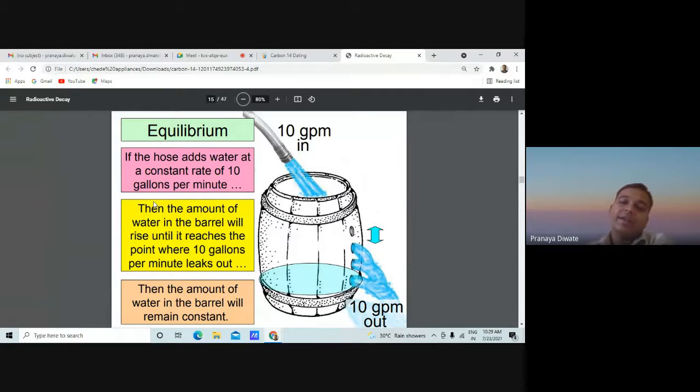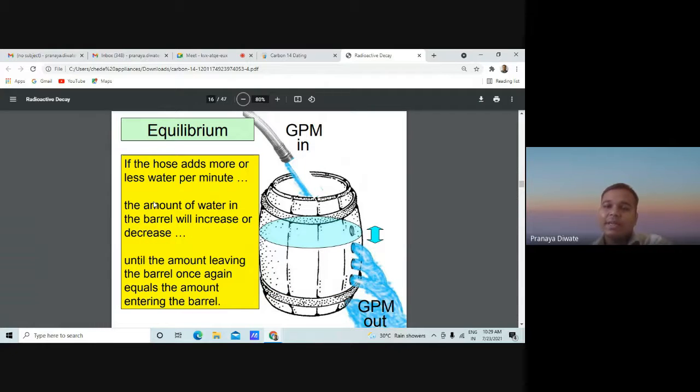So as long as the speed of the water coming into the beaker does not increase or fluctuate, the water level remains constant. This is the principle of equilibrium.